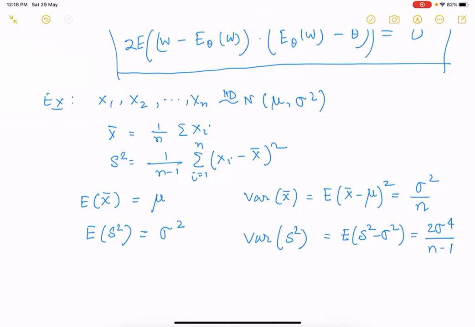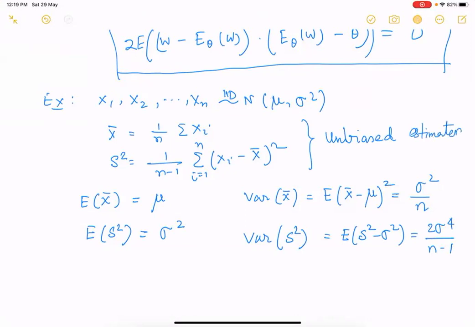Now see what happens since both of them are unbiased estimators.